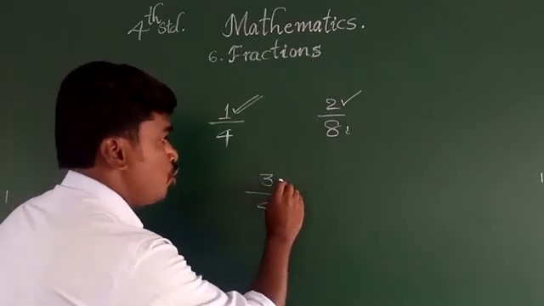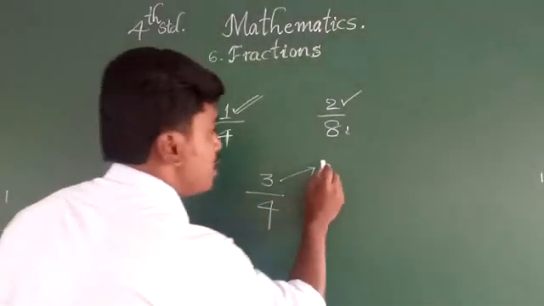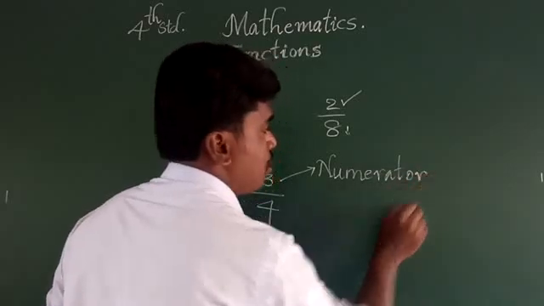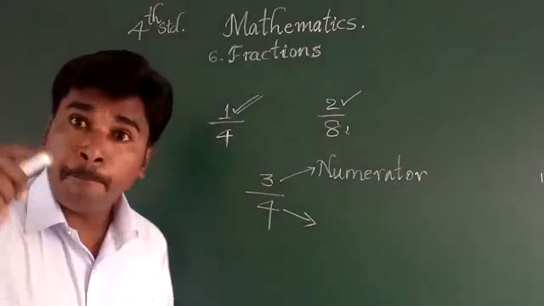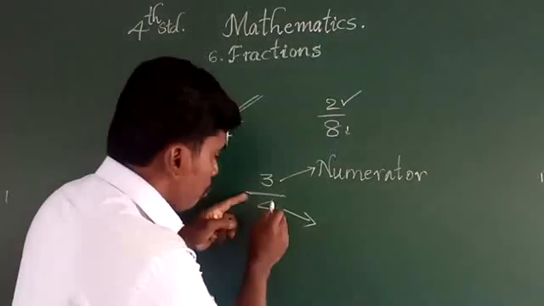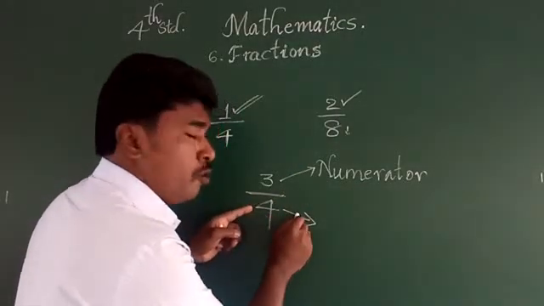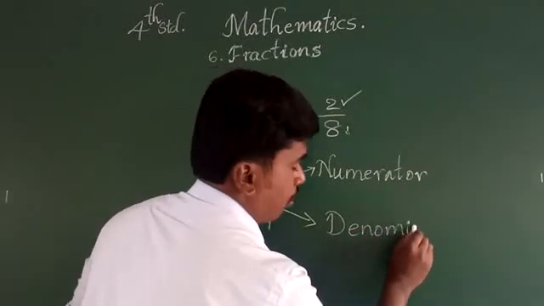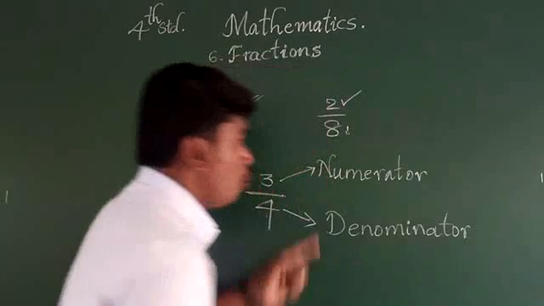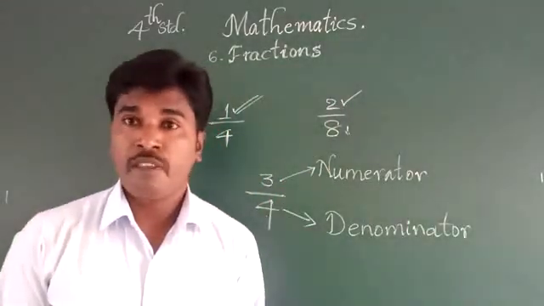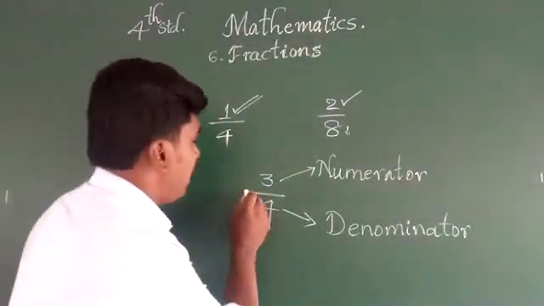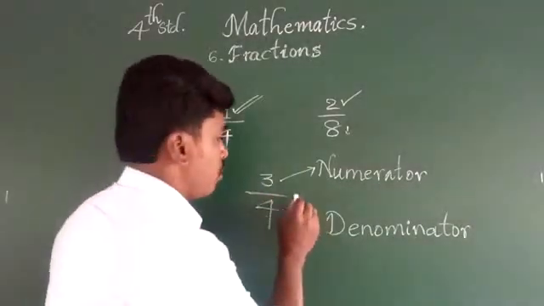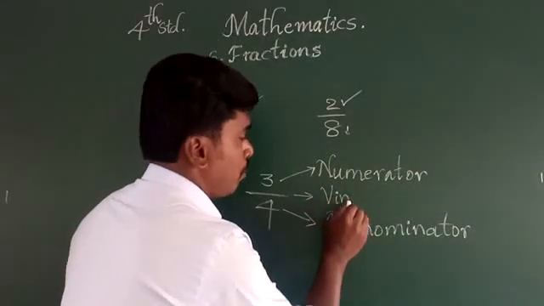The number which you write above the line is called the numerator, and the number which you write below the line is called the denominator. Numerator and denominator. These 2 numbers are separated by the line. This line is also called a vinculum.